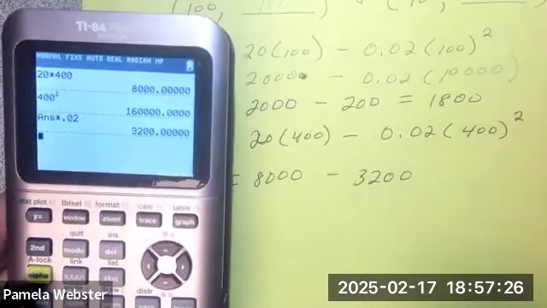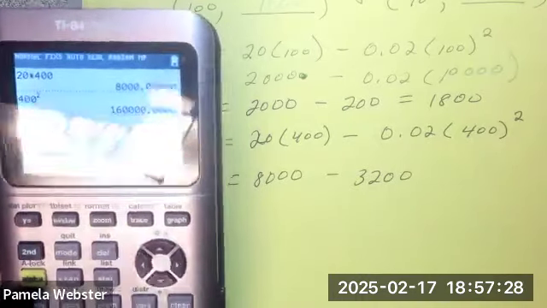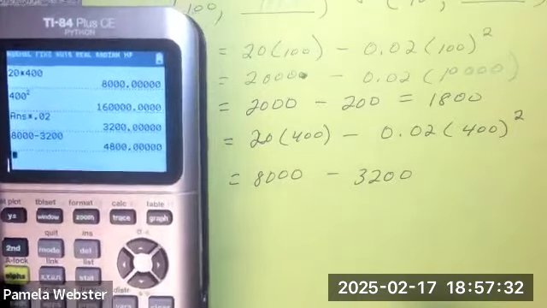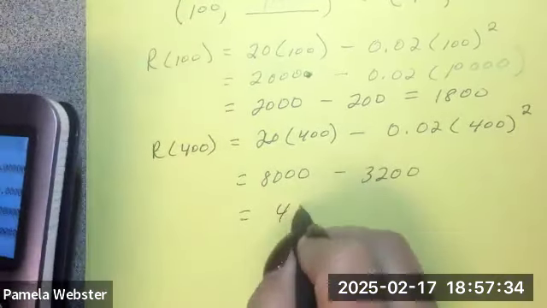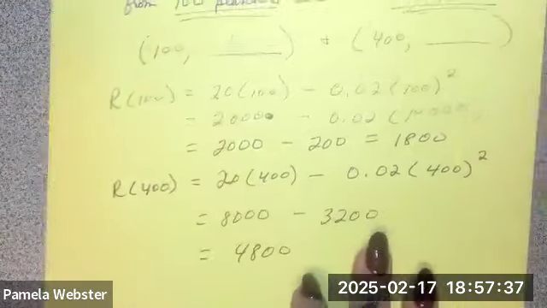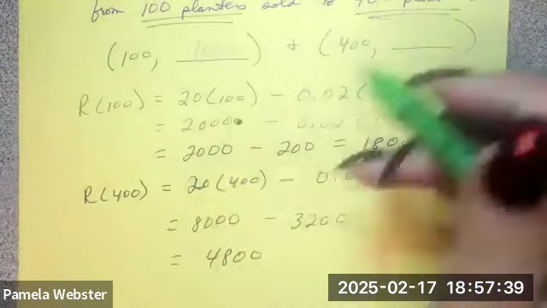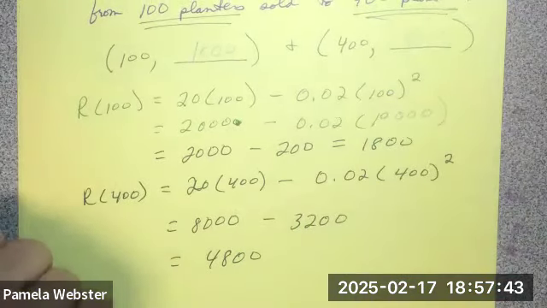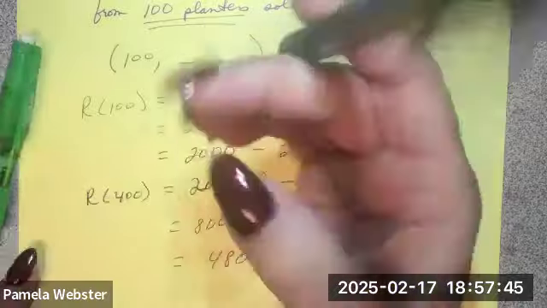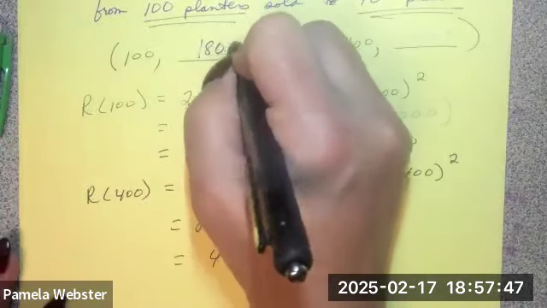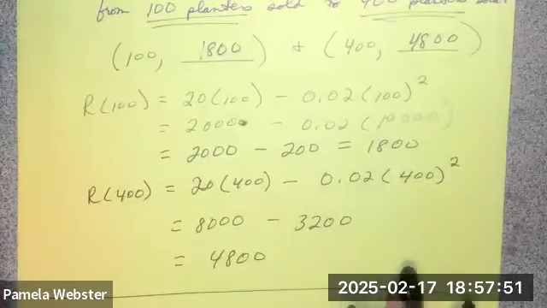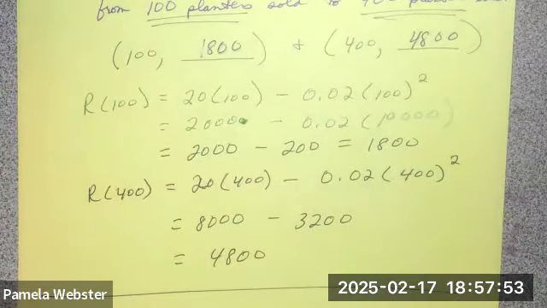I can do that pretty easily. 8,000, as long as I get the right number of zeros, minus 3,200. This is 4,800. So sure enough, we've got two different points. I've got my 2 points. I did the math here. Sorry. Okay. I got my 2 points. I feel good about that.